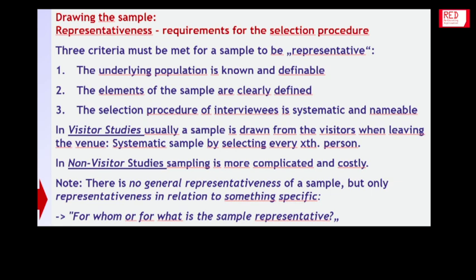People who are working probably don't have time to go shopping, only at the weekend. So the composition of the audience in the Hohe Straße is completely unclear. And this is what it means when it says the underlying population is known and definable. So already here, this sample is not representative.